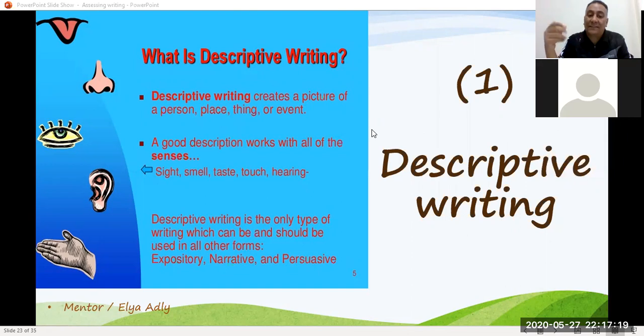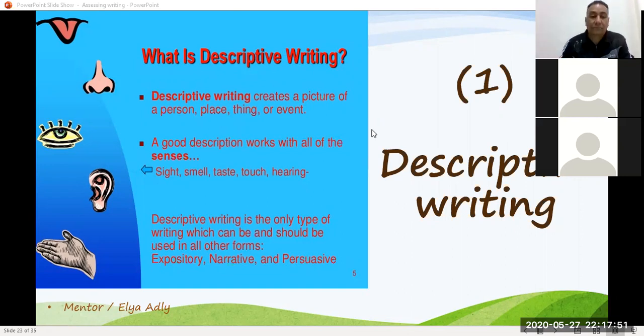This is a descriptive writing. Or writing about friends. The student can describe his friends, give some descriptions of their behavior and how they look and so on.